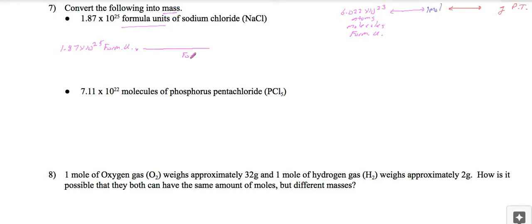We have formula units down here, and that is equal to 6.022 times 10 to the 23rd, 1 mole. There's my mole step going to moles, and now I can go to our 58.45 grams.